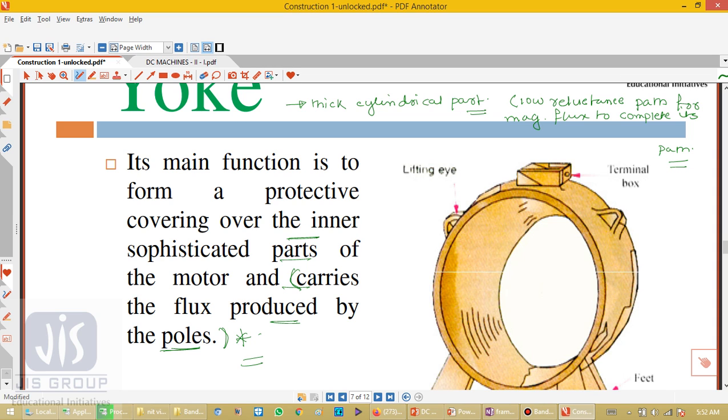And the yoke is basically made of good quality iron or steel, so that the flux can easily flow through it. This is my main requirement, that it carries the flux. So everything I have to decide, I keep that in mind whenever I am designing the yoke.